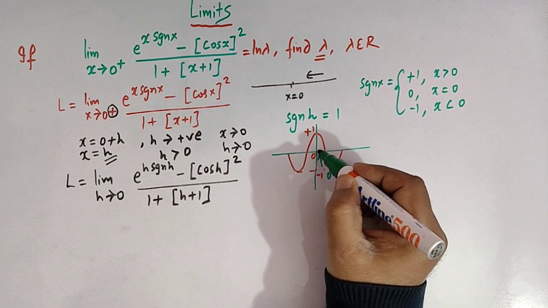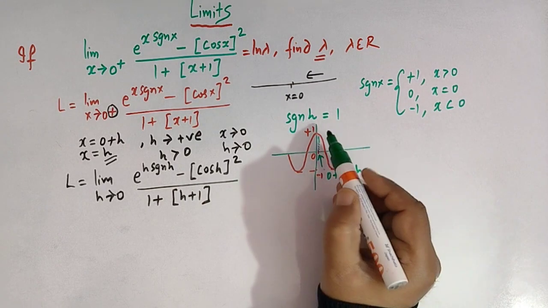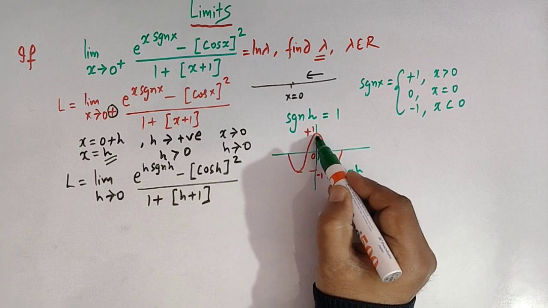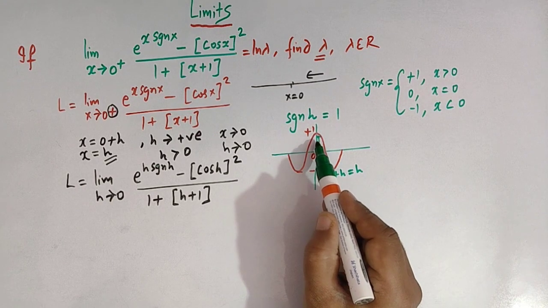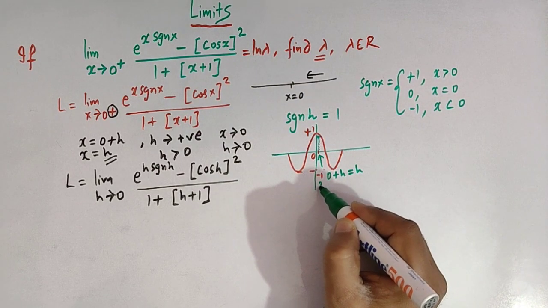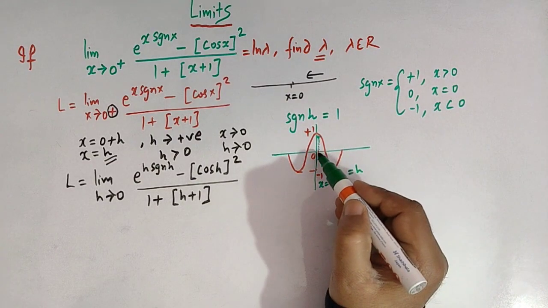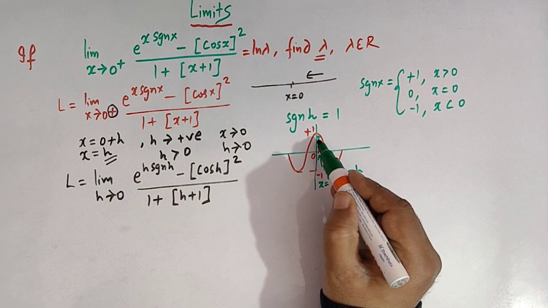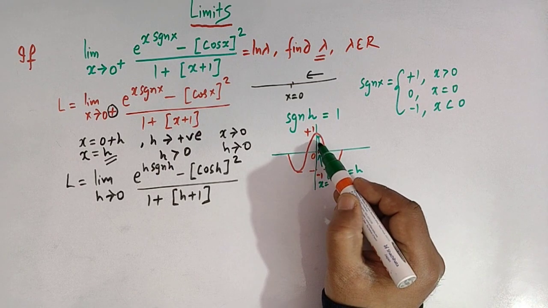Then the value of cosine function goes like this, right? So here we have the value of cosine h, which is smaller than 1, right? So when we take x is equal to 0 plus h, which is simply h, then the value of cosine h is smaller than 1 but greater than 0, right?